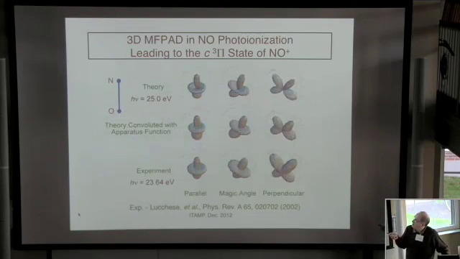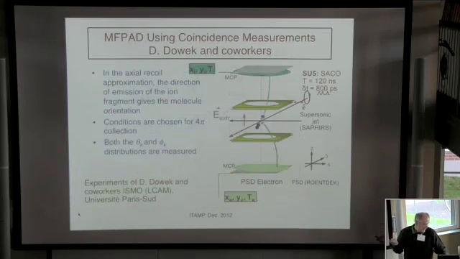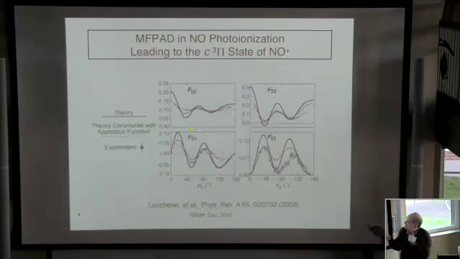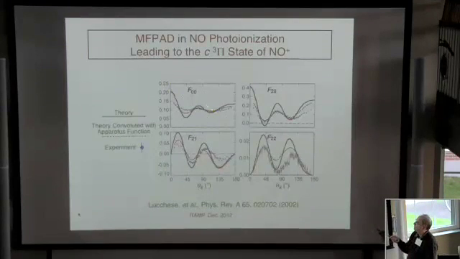Those beautiful pictures can hide a lot of sin, so to speak. So let's actually look at the F functions. These are the 4 F functions that describe the angular distribution for linearly polarized light. The red line is the theory, just the fixed molecule theory.